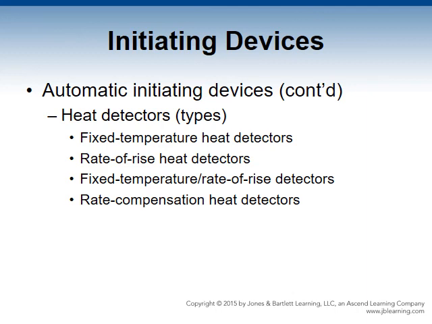Rate-of-rise heat detectors use pneumatic or electrical methods to monitor how much temperature change occurs over a fixed amount of time. When the rate exceeds the fixed amount, the signal transmits to the fire alarm control panel. These detectors can be line or spot detectors, both of which use rubber diaphragms to initiate an alarm.